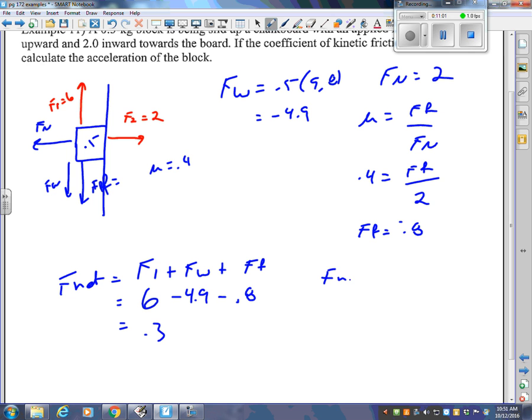And now F net is equal to ma. 0.3 is equal to the mass of 0.5 times a. Don't get fooled, you guys, when you're dividing by 0.5. That's not cutting it in half. Dividing by 0.5 is actually multiplying by 2. So the acceleration is 0.6 meters per second squared.